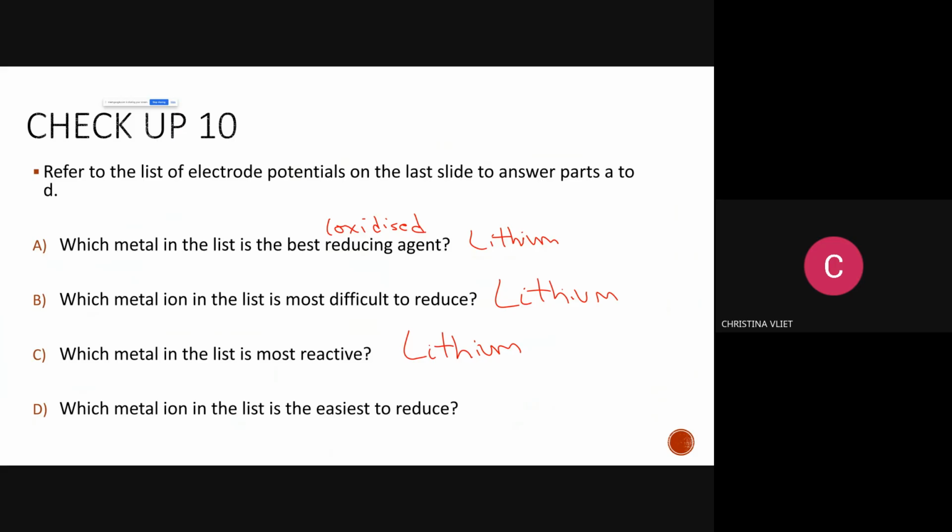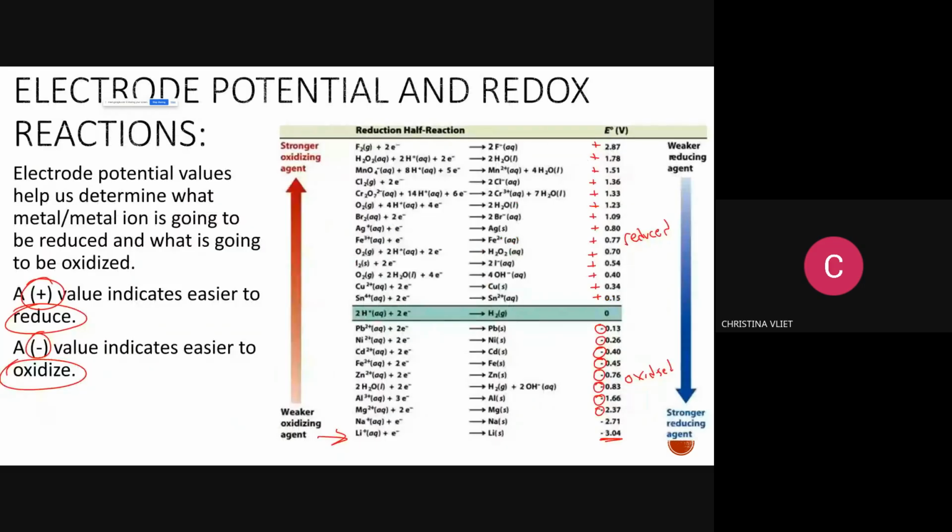Okay. Which metal in the list is the easiest to reduce? That's not a metal. Which metal? Lithium again? No. Final four. Wait, yeah, you're right. Oh, yeah. I guess. Copper. Is it iron? We didn't say whether it's a pure metal or a metal within an electrolyte.